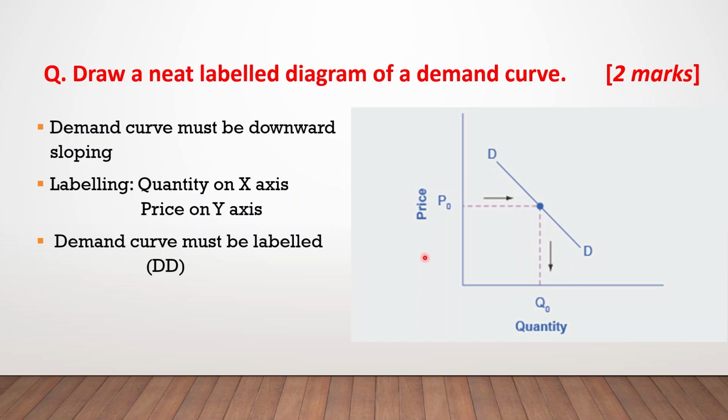They are expecting you to label the axes properly, quantity on the x-axis, price on the y-axis. Then they also expect you to label the demand curve, like DD here. Now this accuracy, clarity and correct diagram tells the examiner that you do know the concept well.